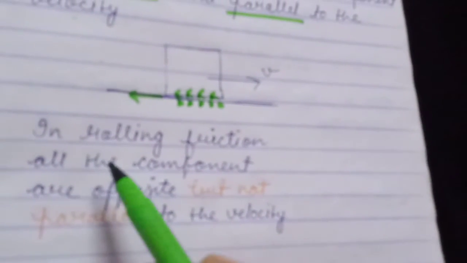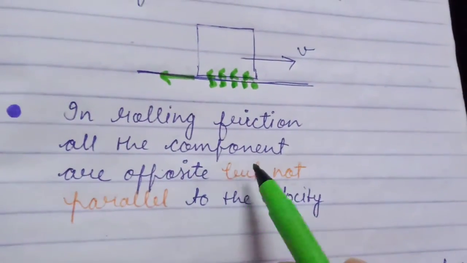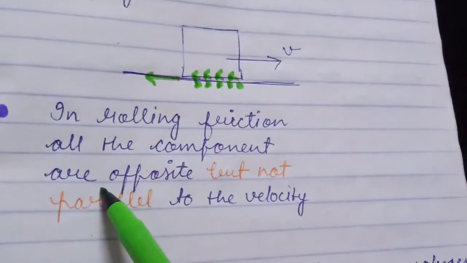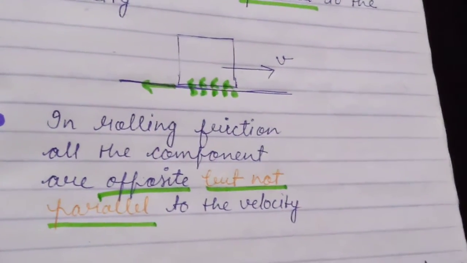In rolling friction, all the components are opposite but not parallel to the velocity.